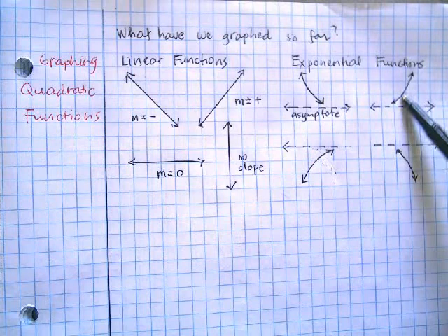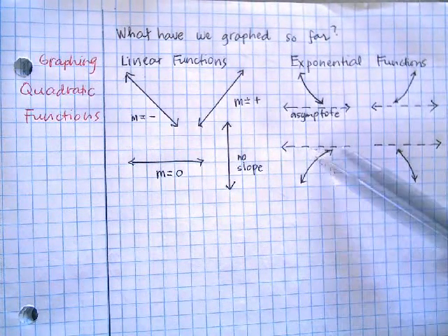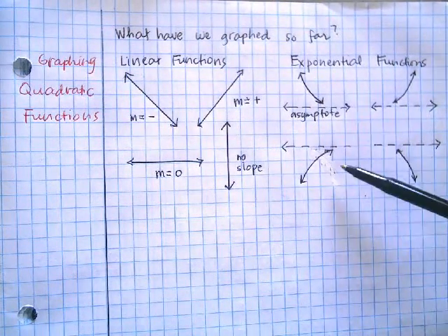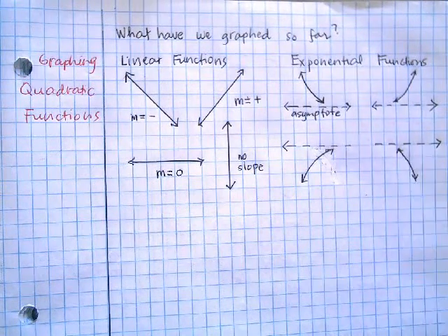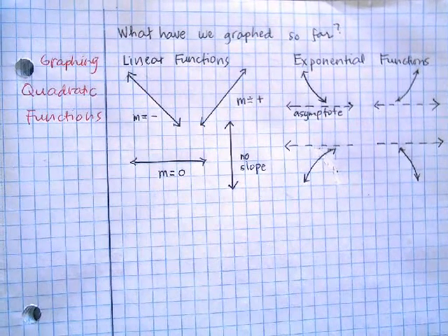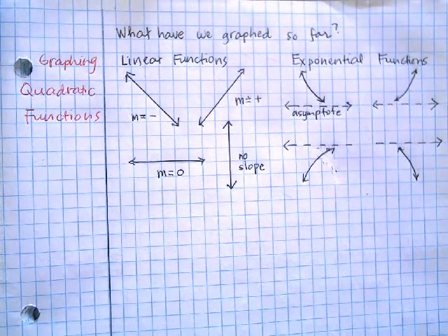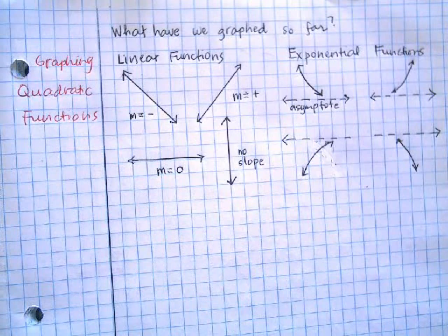There's an exponential growth, and if a is negative, then this will be reflected over here. So this is a growth and this is a decay. Try to remember those things, because you're going to meet them again in your Algebra 2, and also in the SAT and the state testing.